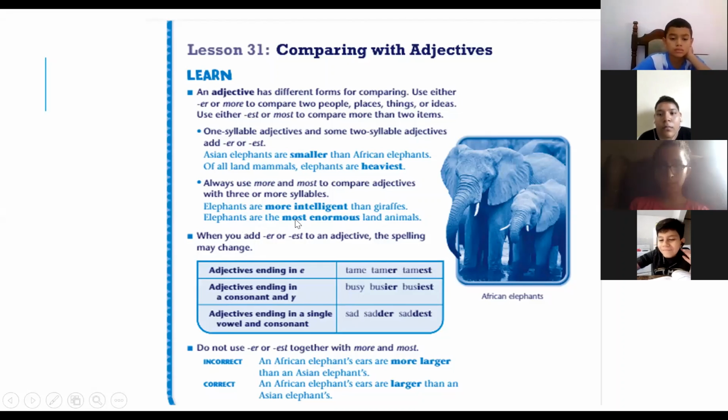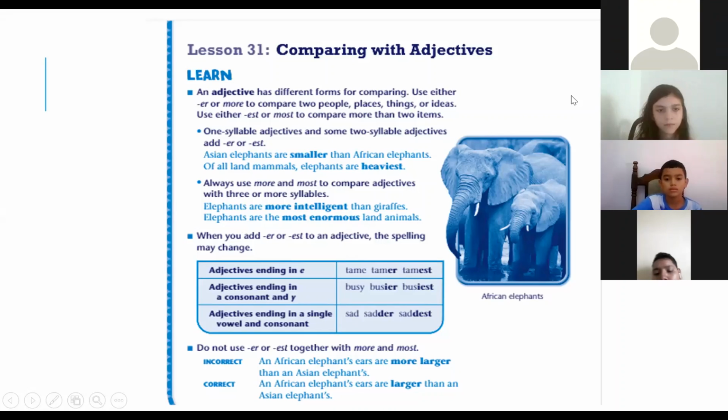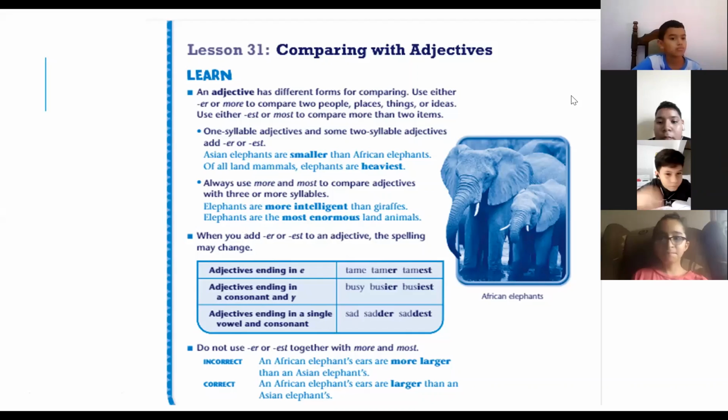Elephants are the most enormous land animals. Enormous is a three-syllable adjective, as well as intelligent. So remember, for adjectives that are three or more syllables, you're going to use more or most. Questions by now? No? Clear? Yes. Okay, good.